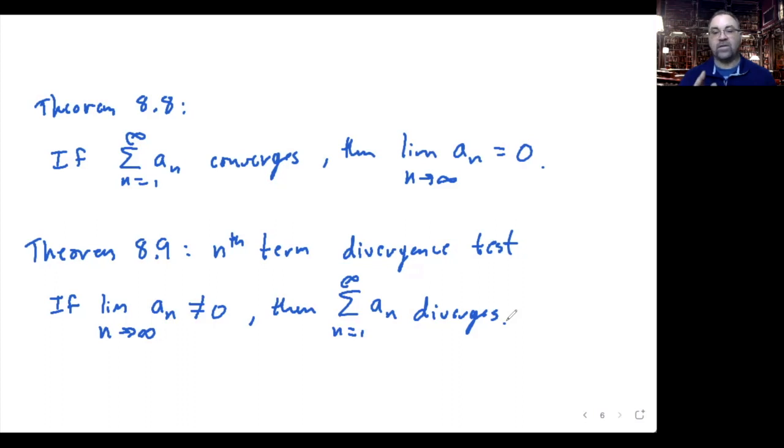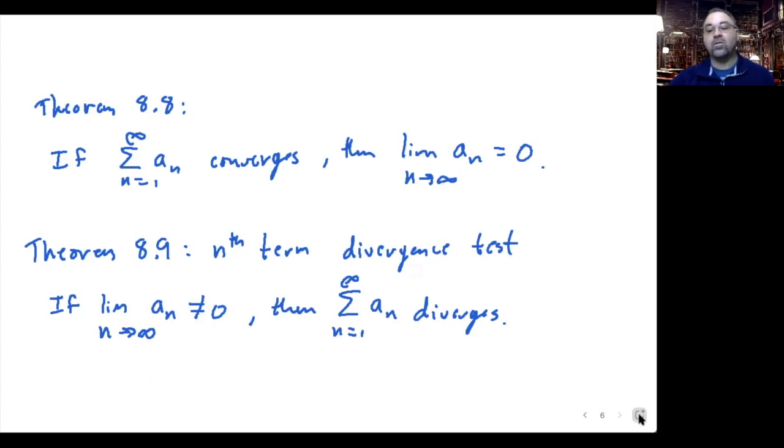None of this is saying that if the sequence of terms approaches 0, then the series converges. We're not saying that. In fact, you absolutely cannot say that, because it's not true. So it's really important that we understand what this does not mean.